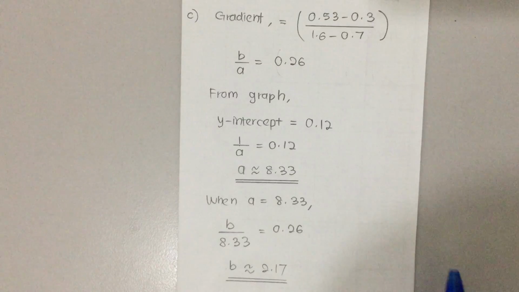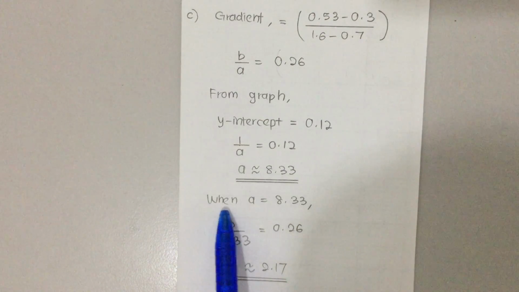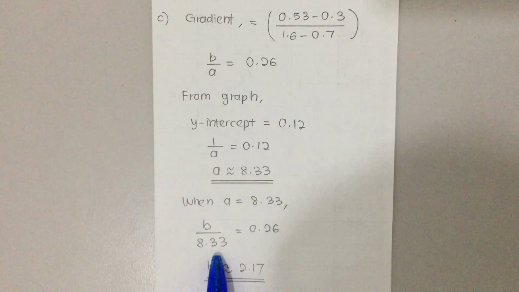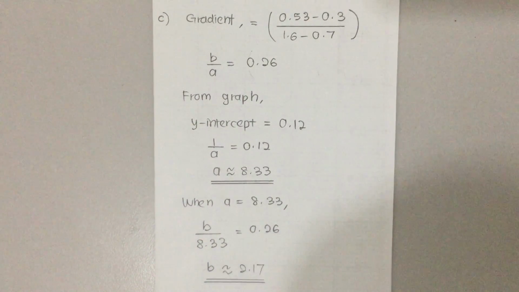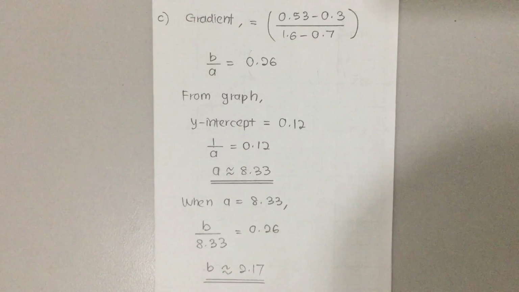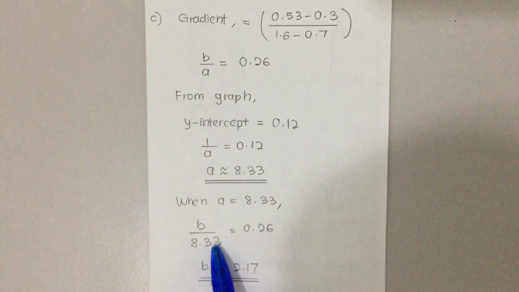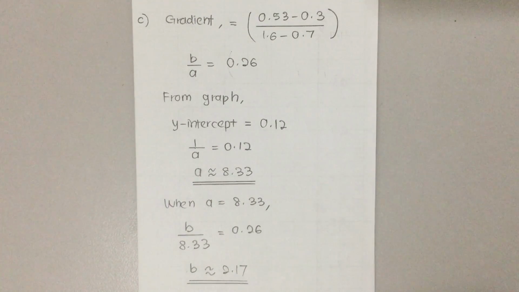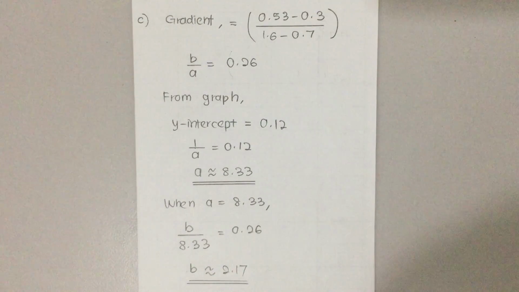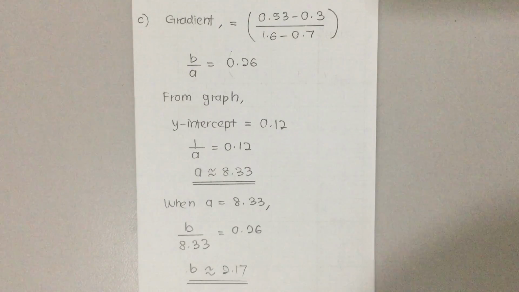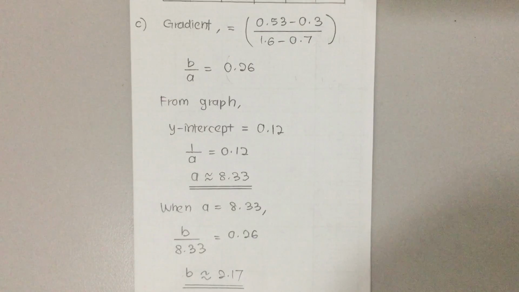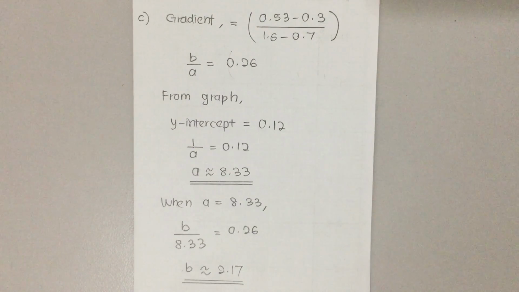When a equals 8.33, b divided by 8.33 equals 0.26. So how to find the value of b? Very simple. 8.33 times 0.26 guys. So from here you get your b value approximately 2.17.